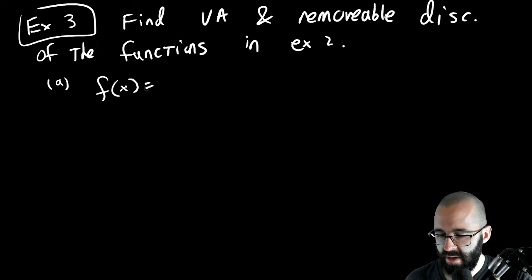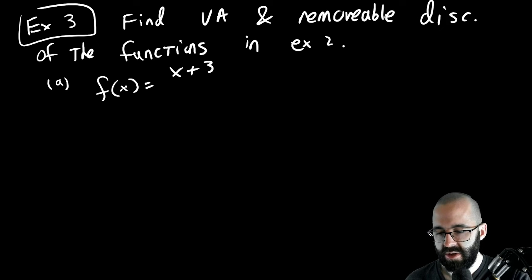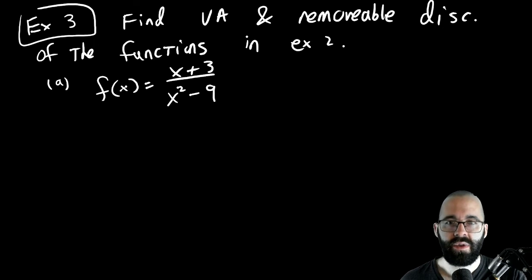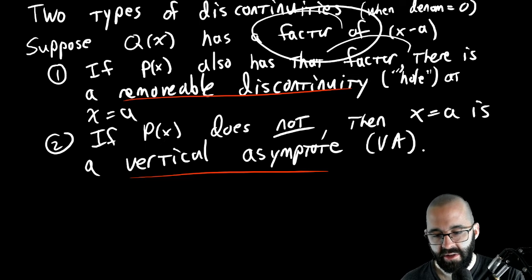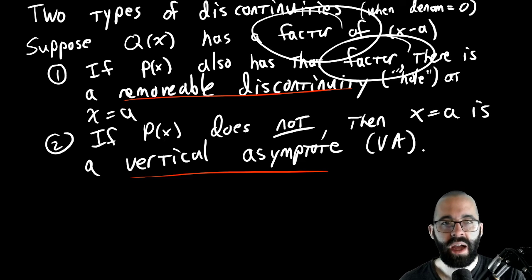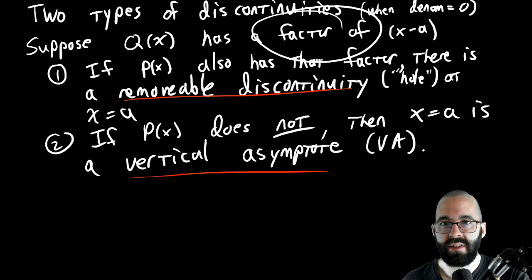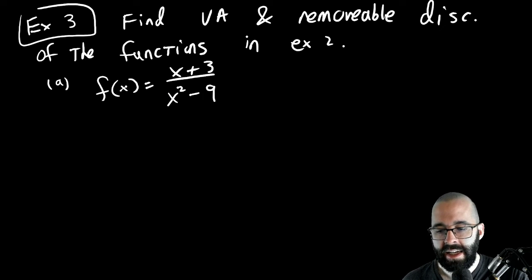We should know the answer already, but I want to use this property and do it more formally. All right, so this function from example 2a was right here. So we always have to factor, right? To identify which one's which, look, factor. We have to know their factors.